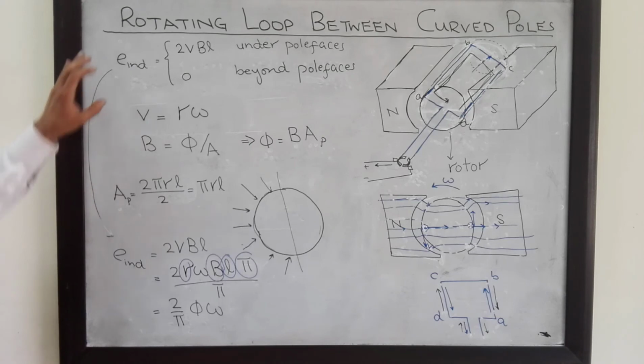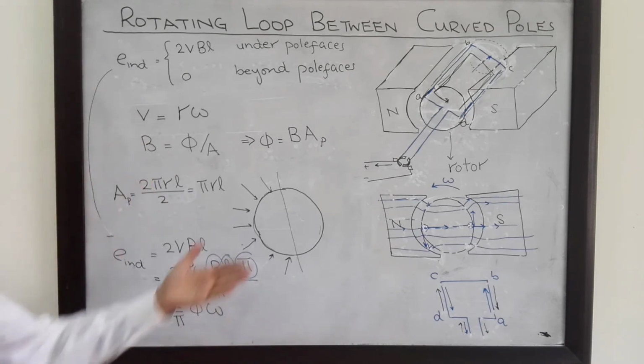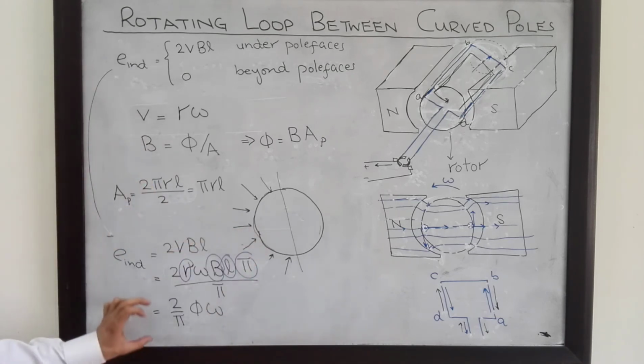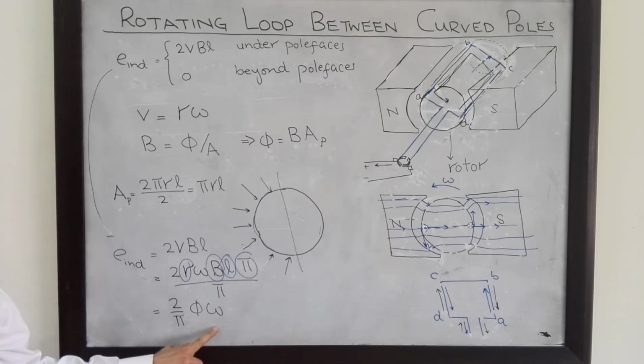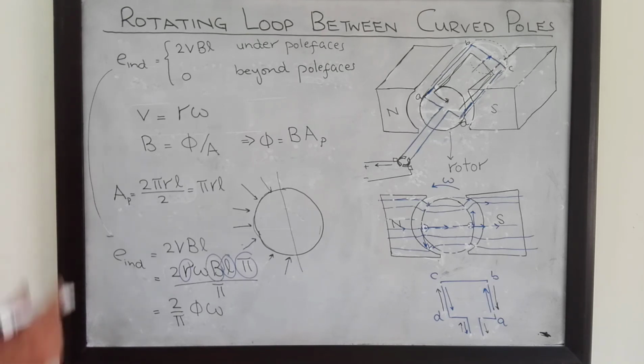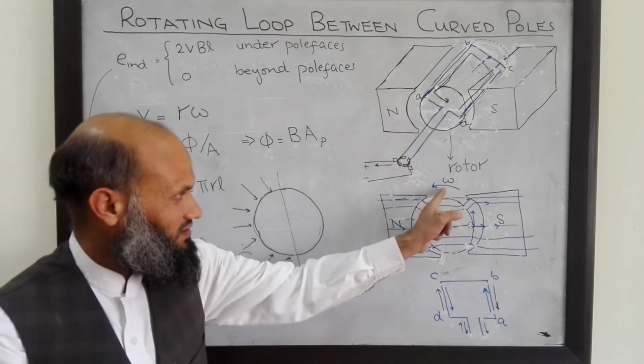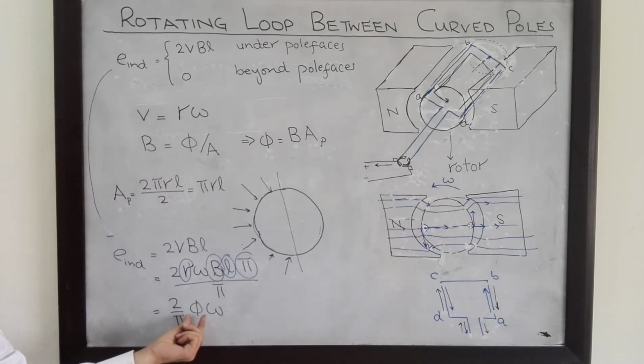So voltage induced in the machine, in this simple DC machine, is given by 2 over pi phi into omega when conductors are under pole faces. That is, the voltage induced in this simple rotating loop depends upon the angular velocity of this rotor and the total flux in the machine, and also a constant.